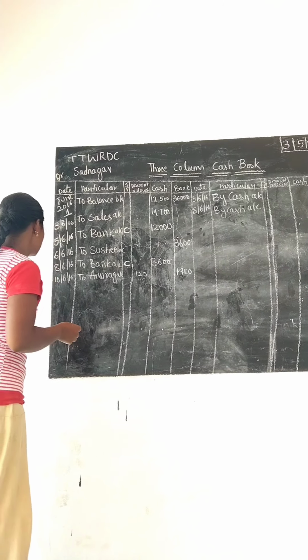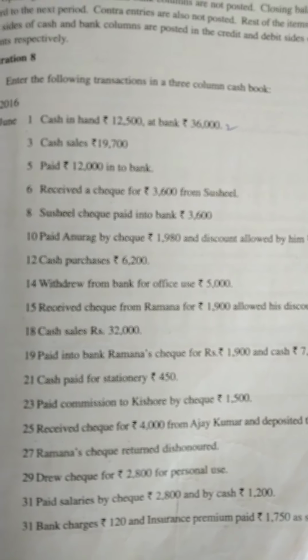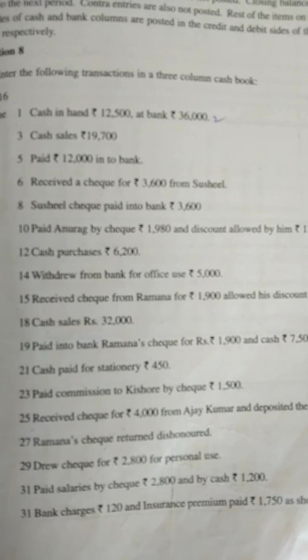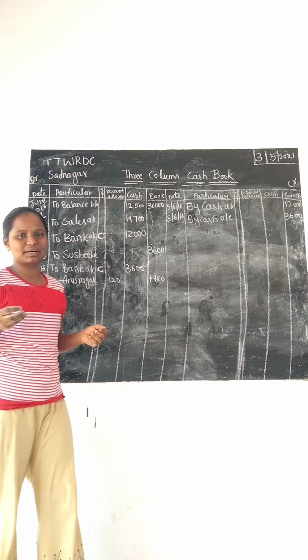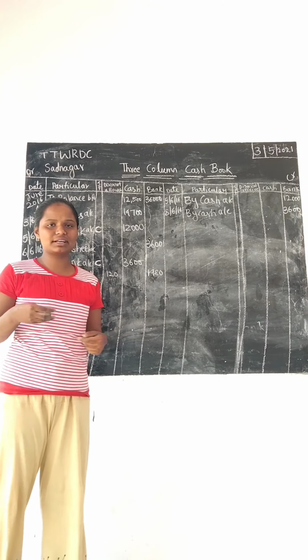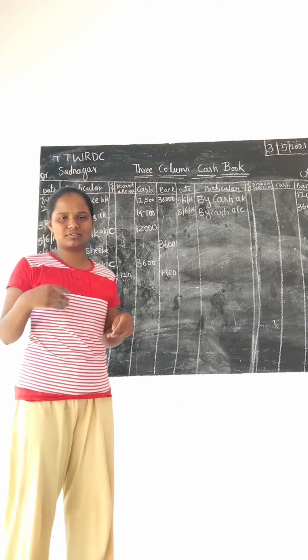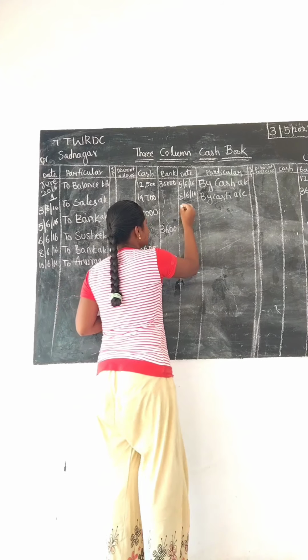And the next one is the 12th date. Cash purchases 6,200. On date 12 we are purchasing some goods for cash, so our money is going from the cash, so it is credit side.